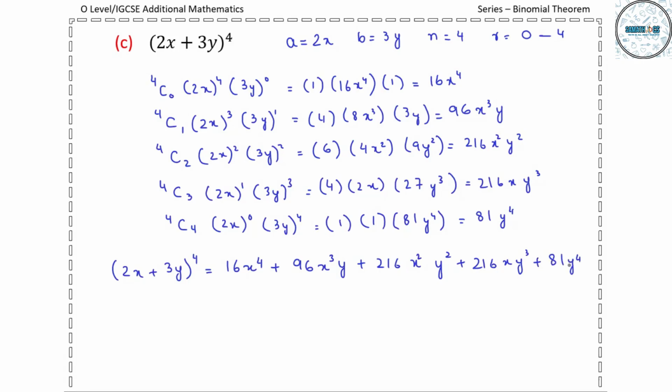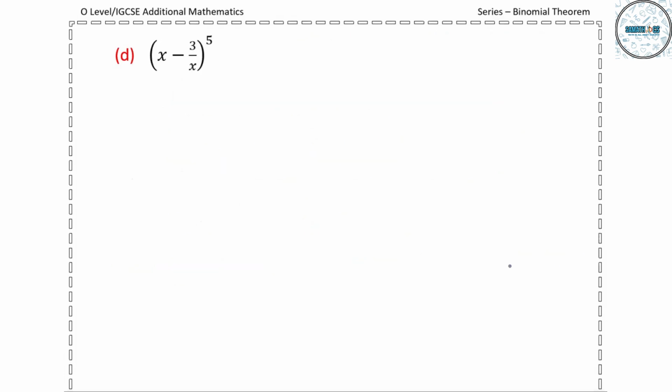So we have expanded 2x plus 3y power 4. Let's do another question in which we have fraction.